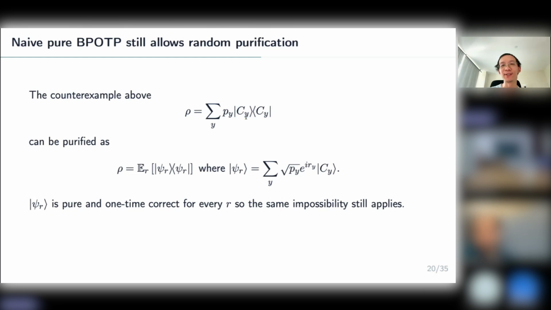This is the thing that we would like to exclude from consideration in order to get around the impossibility. But there is a way that you can do the same counterexample with only pure states.